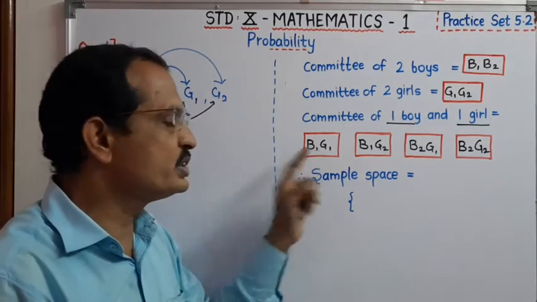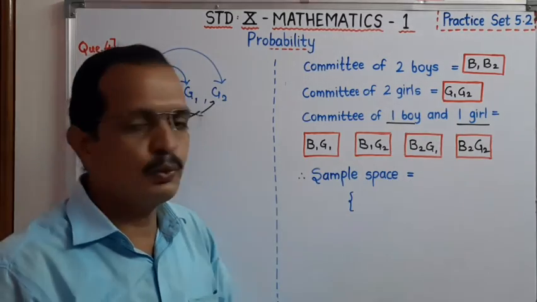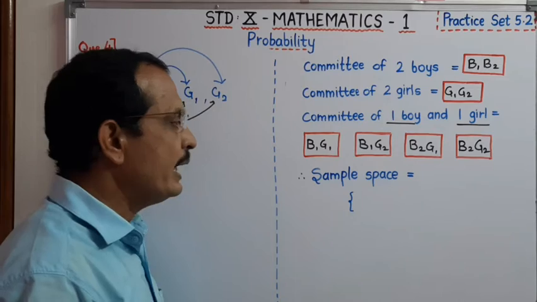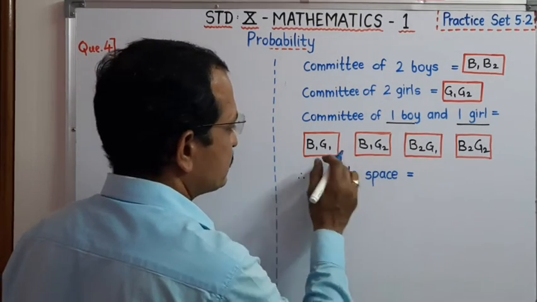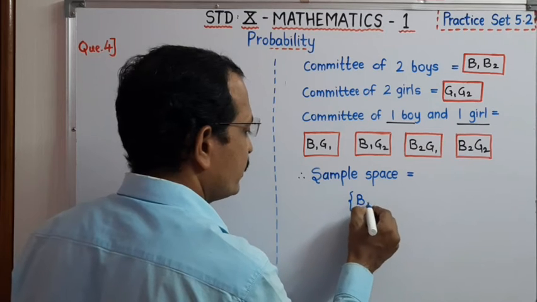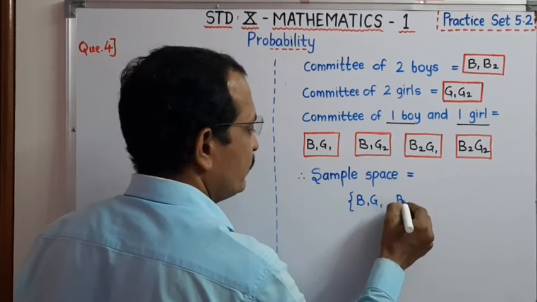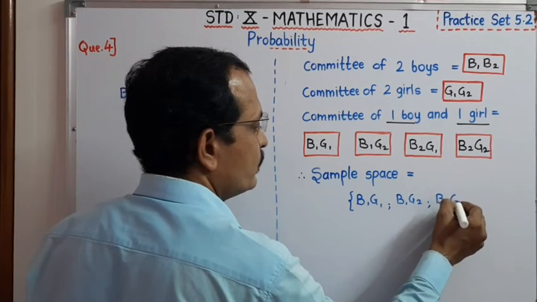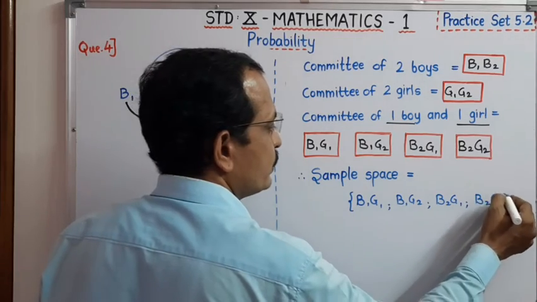Possibilities are B1 with G1, B1 with G2, B2 with G1 and B2 with G2, and therefore now the sample space S will be all this. We have sample space here: B1 G1, then B1 G2, then B2 G1 and B2 G2.